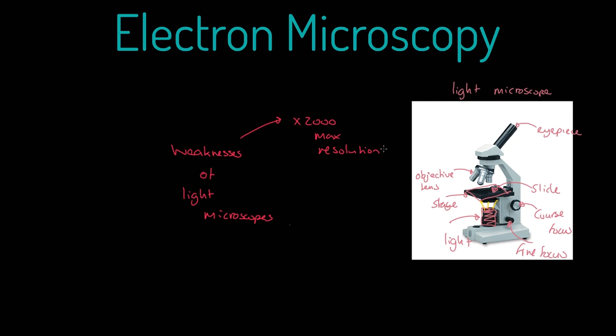But nevertheless, this resolution is not going to allow us to view what we'd be able to call things like organelles. So it rarely shows organelles. Think about things like a mitochondrion. Think about things such as those little tails on prokaryotic cells, the flagella.